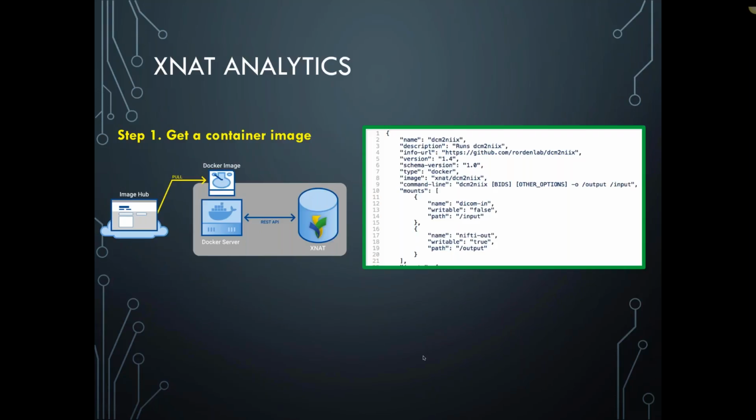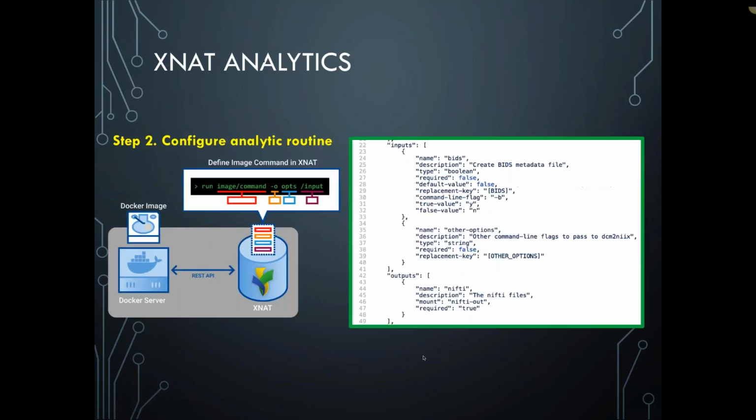But basically, it specifies what's the Docker image of interest. That can be pulled from something like Docker Hub or some other hub that's sharing the Docker containers. And then after that, there's a configuration step to describe what that container is doing, so what kind of operations are embedded in it.